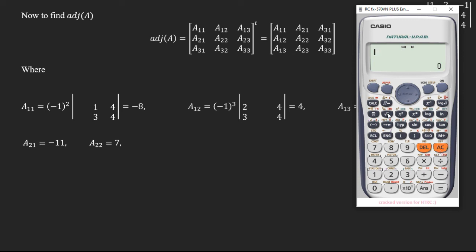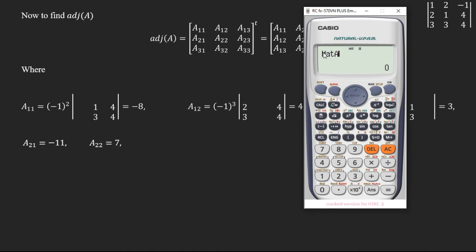Now let us find the adjoint of A by pressing shift 4, and matrix A is on 3. As we know, A inverse is equal to 1 over the determinant of A times the adjoint of A. As the determinant of A is -3, multiplying A inverse by -3 will give us the adjoint of A.